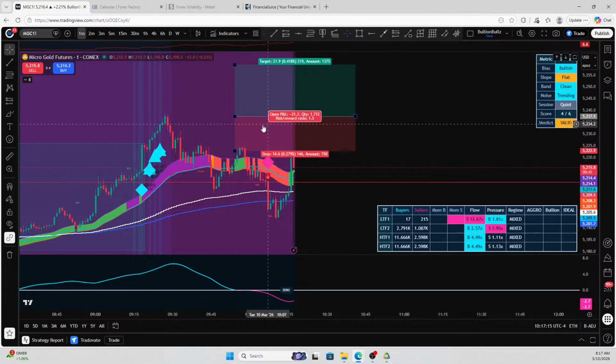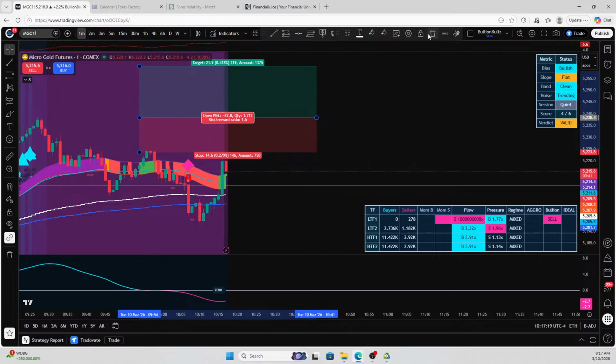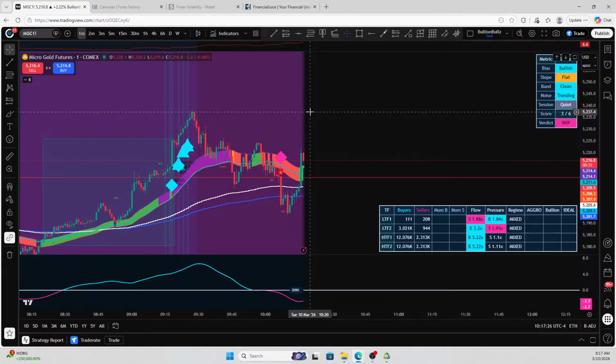That's why we're seeing price behave the way it's behaving right now. We might start seeing our setup form as well. At this stage we can look for our setup to form, which would be a high probability trade.